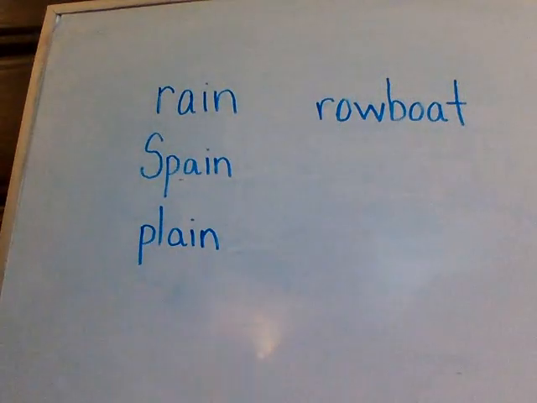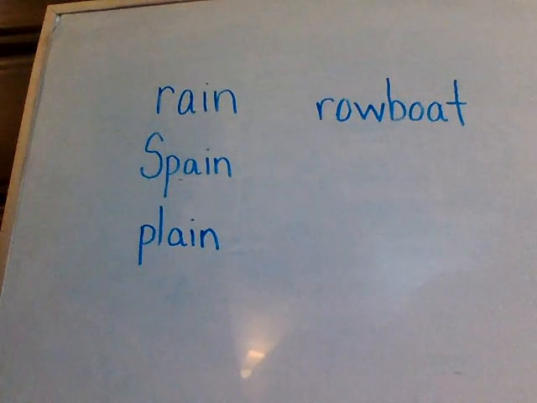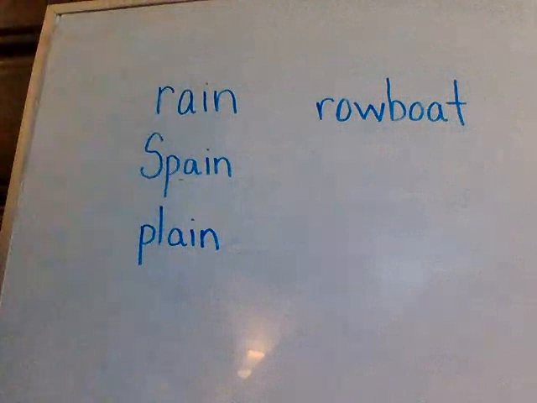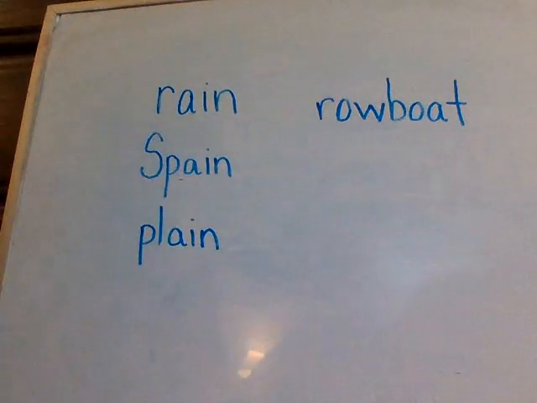Now, when I say these 3 words, rain, Spain, plain, they rhyme, they sound alike, they all end in ain, and they look alike, they end the same in A-I-N. Those same letters with the same sounds give them a rhyme.